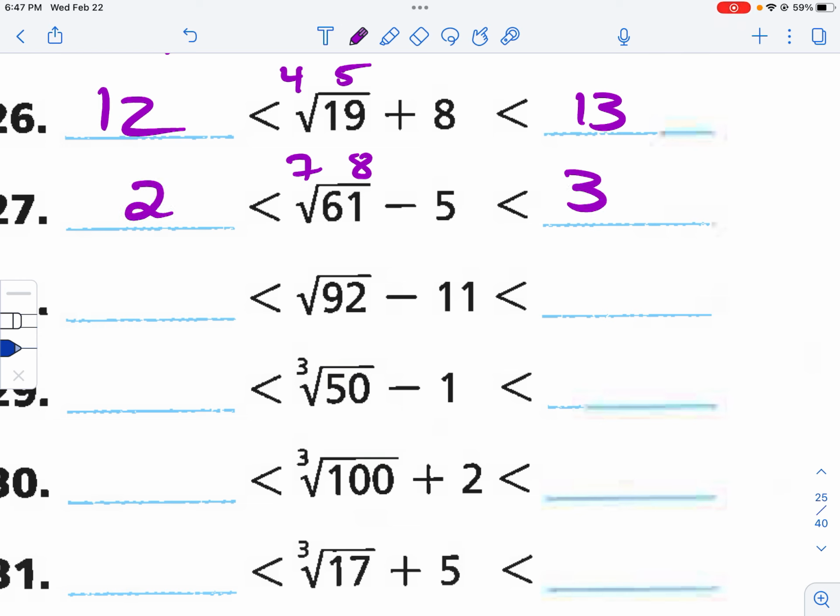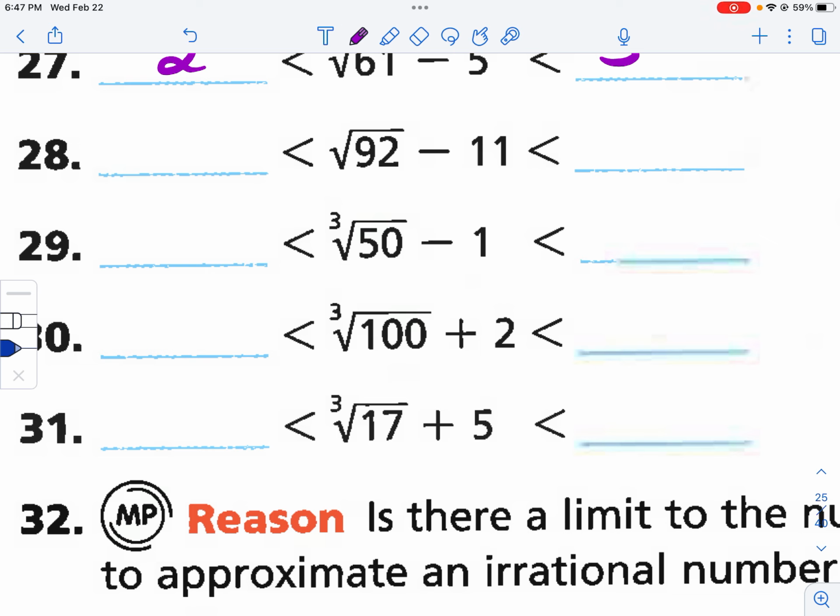The square root of 92 is going to be between 9 and 10. You subtract 11, you get -2 and -1. The cubed root of 50 is going to be between 3 and 4. You minus 1, you get 2 and 3.